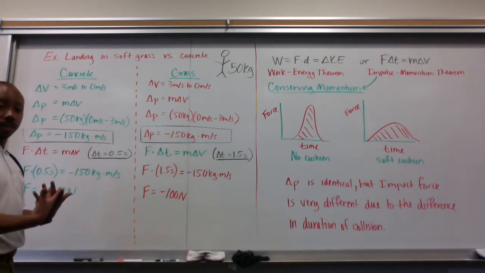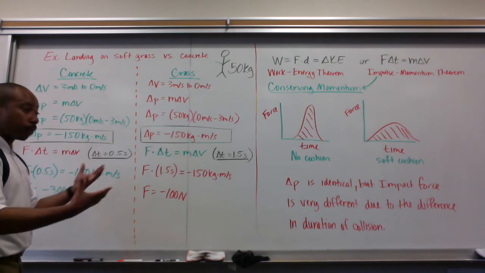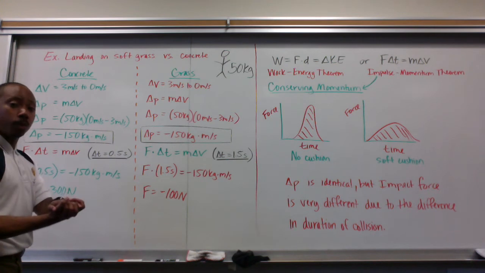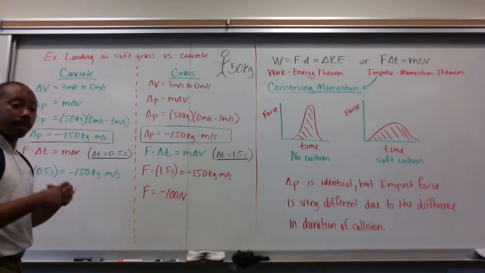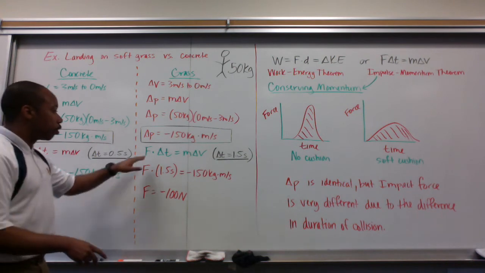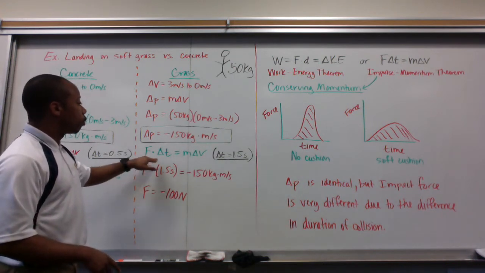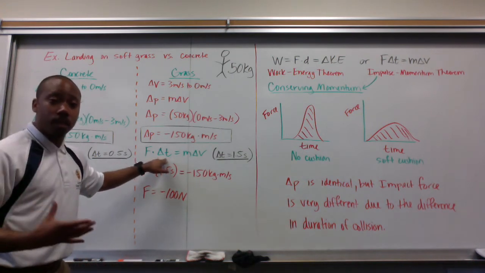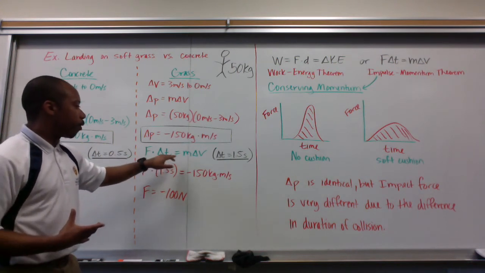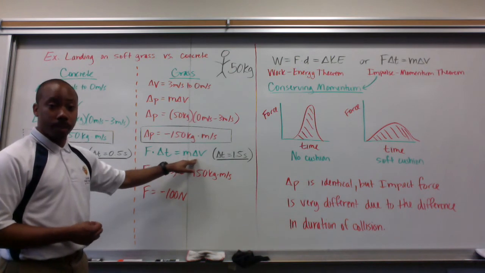What varies from surface to surface is your force, the force exerted to stop you, or the force exerted to change your momentum, and the time at which that force is being applied. So here we are with the impulse and momentum theorem. Force exerted over some time frame will change your momentum.